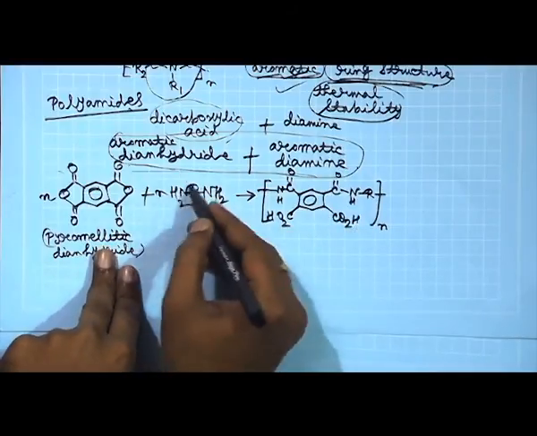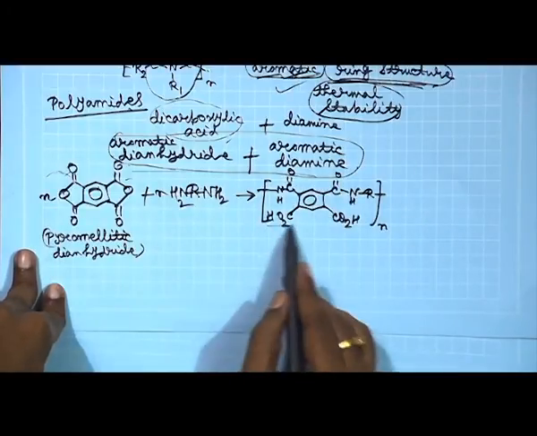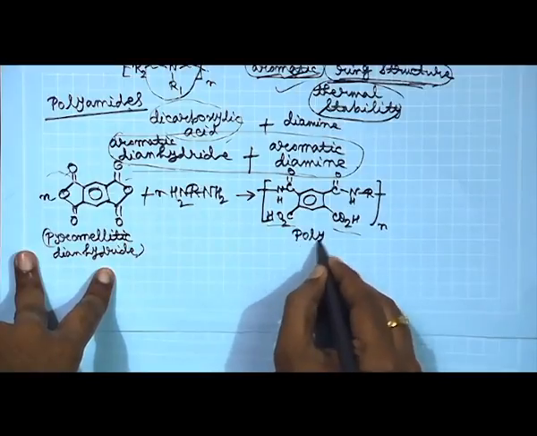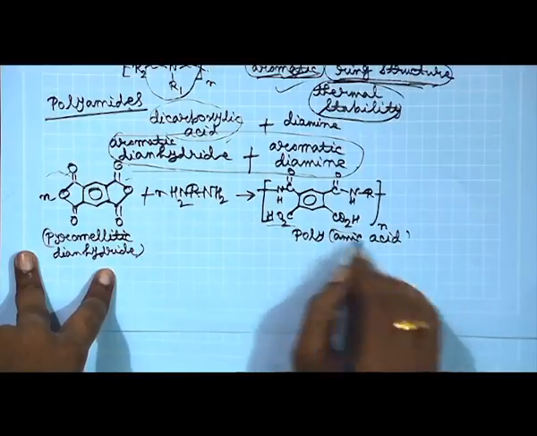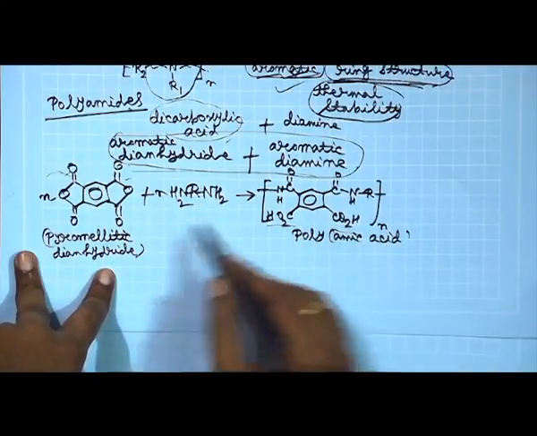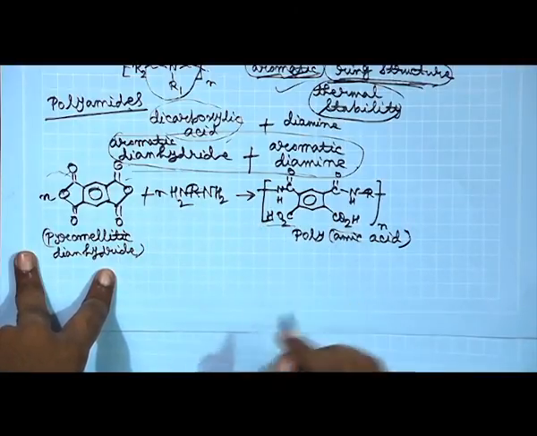It can attack here or it can attack here, and then the ring opens up, and these two CO2H groups can stay. This is called polyamic acid. This is not your polyimide, this is an intermediate. That is why I told you that this is a two-stage process. In the first stage, you prepare what you call polyamic acid.